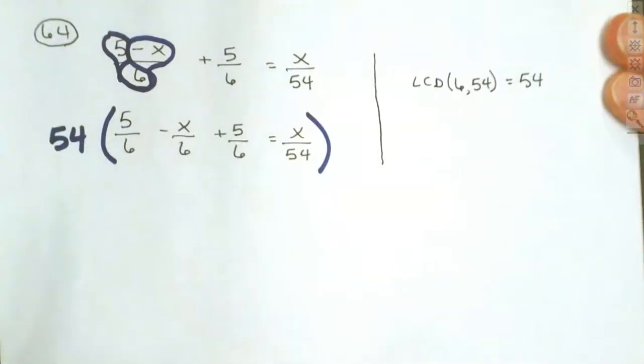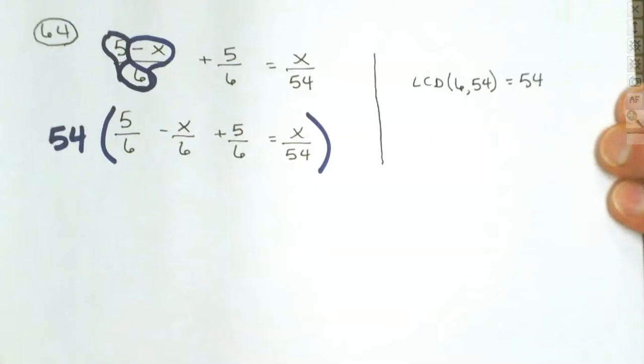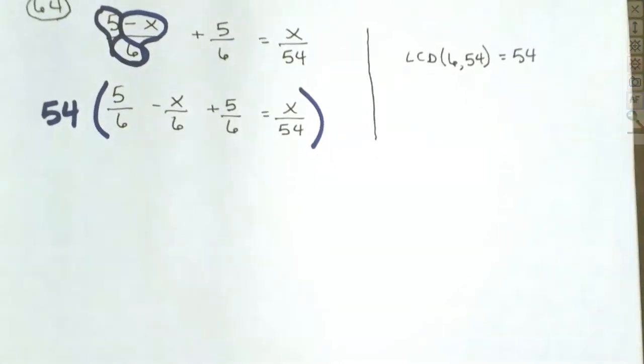Now again, an alternative way would be to combine fractions together and cross multiply. You can do that too. There are all kinds of different ways to work out and solve these questions. I try to show the easiest way, the one that I think is the least confusing.